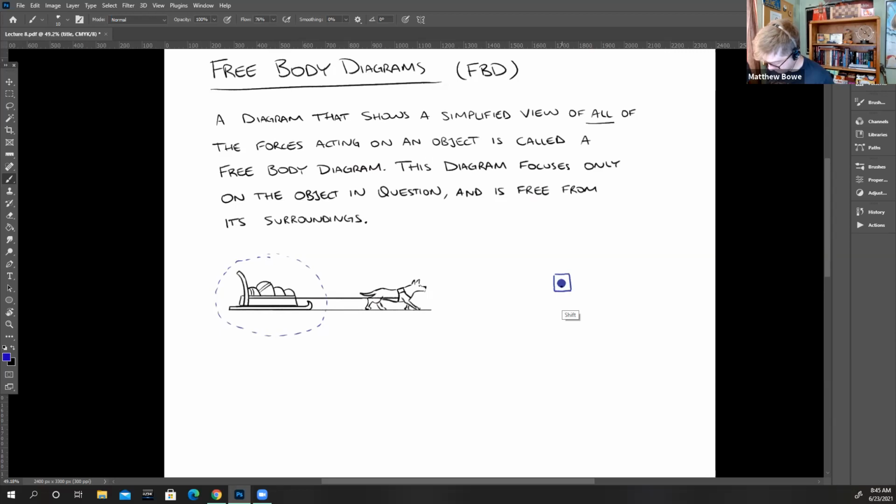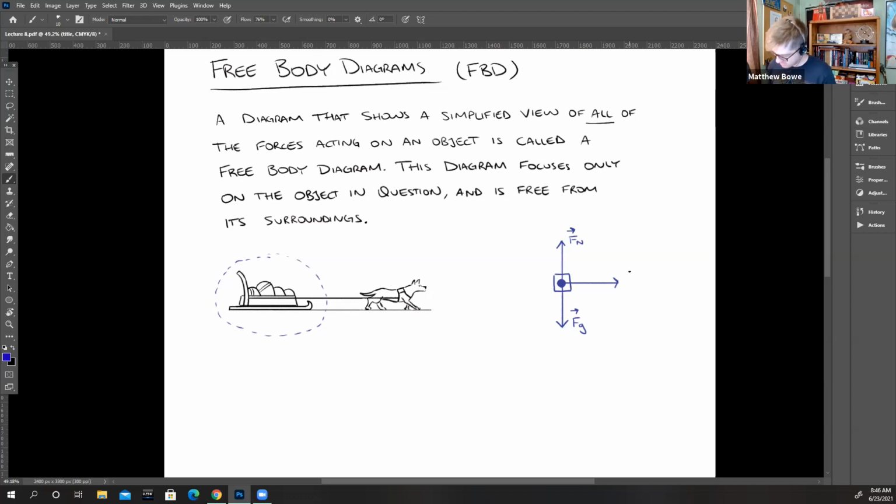So we have a force of gravity that's going down. We have the normal force pointing up. We have the force to the right that is, maybe that's a rope, maybe that's just a pole.